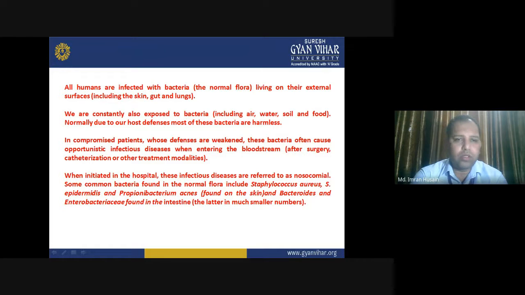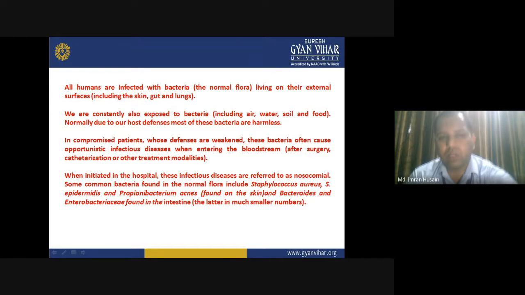So, opportunistic infectious diseases occur when bacteria enter the bloodstream after surgery, catheterization, and other treatment modalities. Whenever you see such treatment, you generally see that a person is going through some sort of surgery or some sort of disease, when the immune system is really weak.